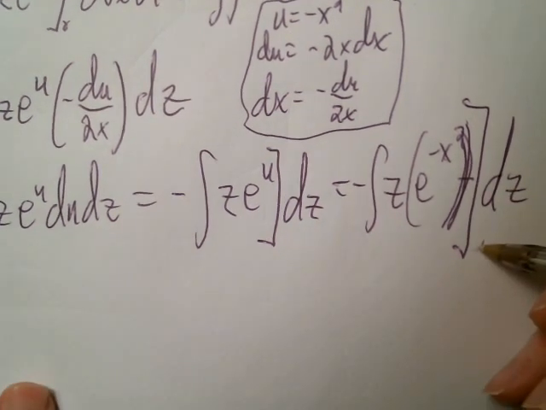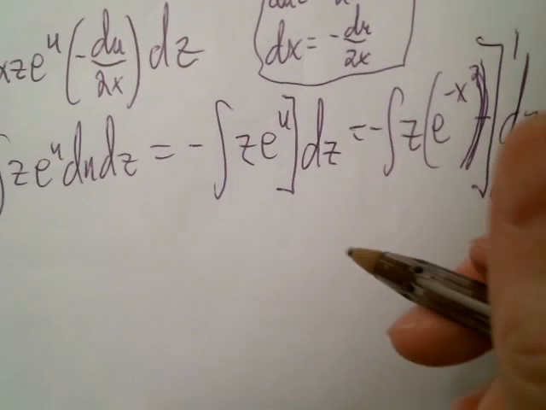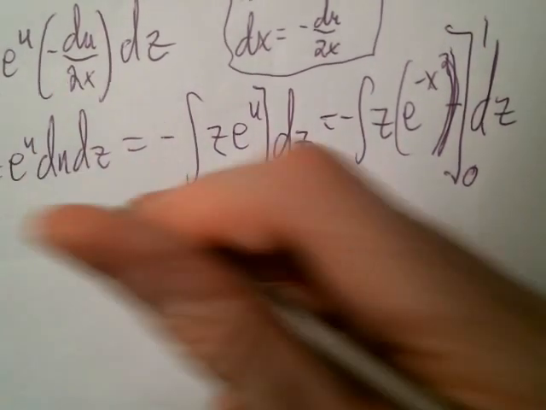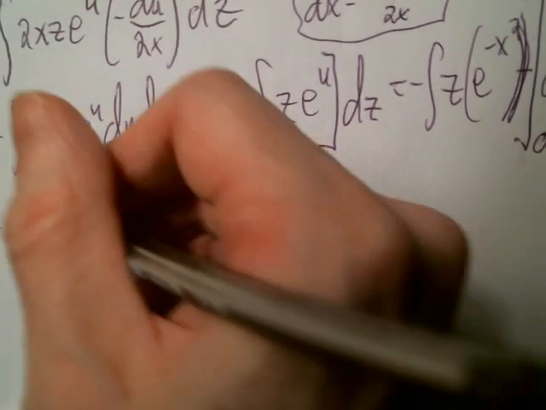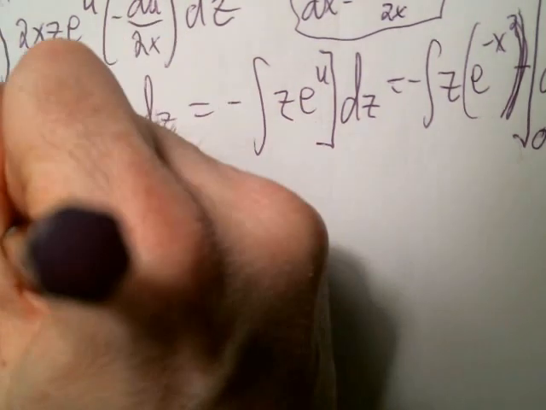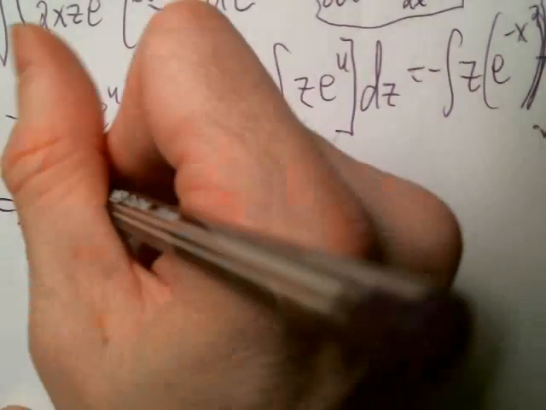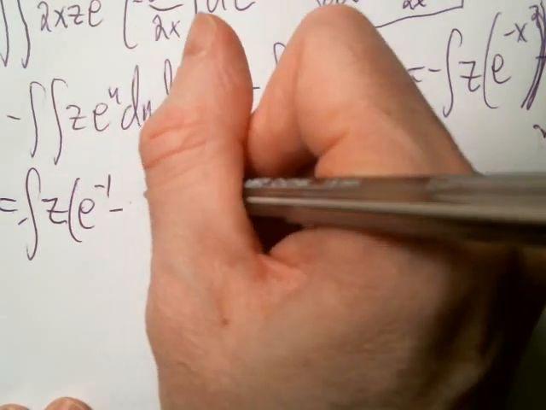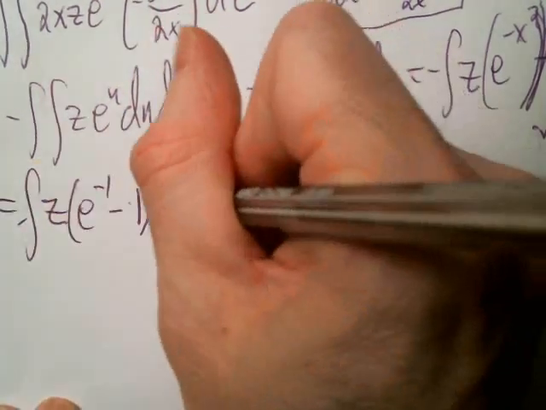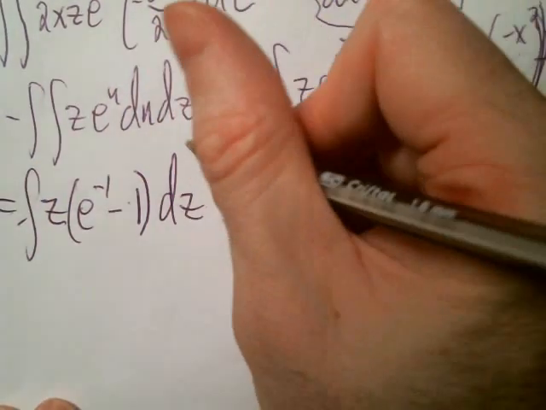Then I can evaluate, from 0 to 1. And that's where I have to be careful. It's not just going to be putting in the 1 and then this will be nothing. It's going to be z, and I lost my negative. There's a negative in front. Z times e to the negative 1 minus e to the 0, which is 1. Okay, so that's an easy mistake to make.